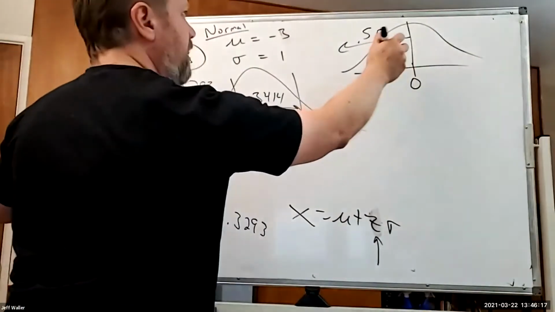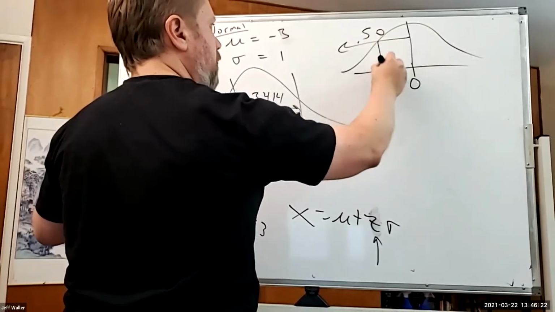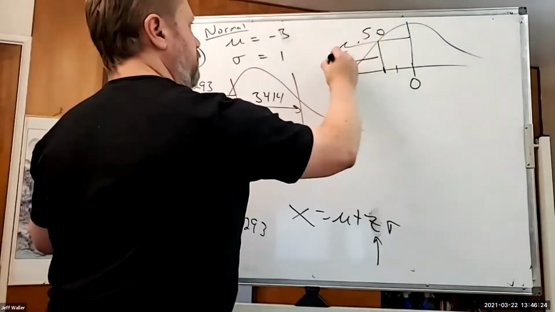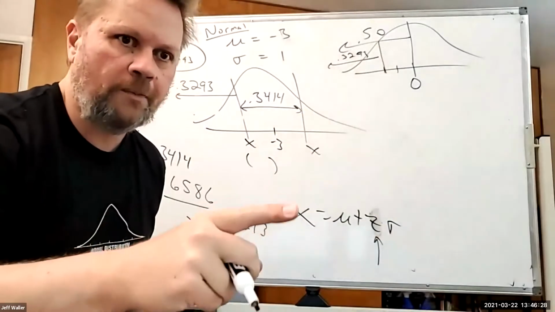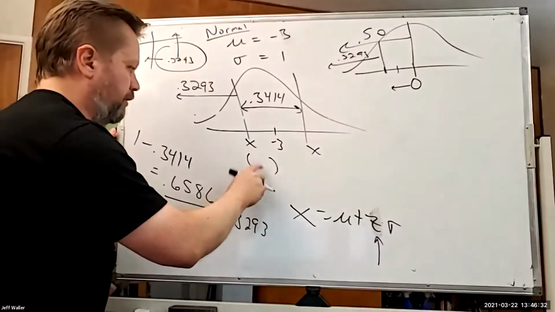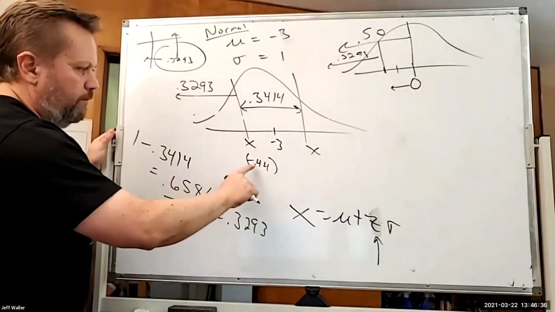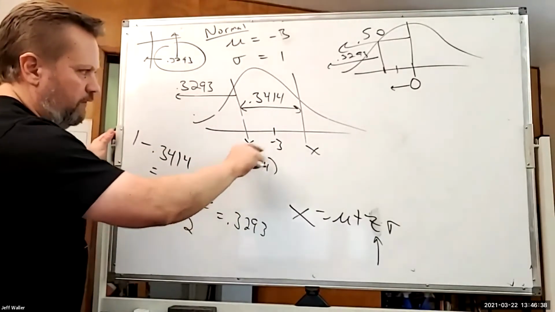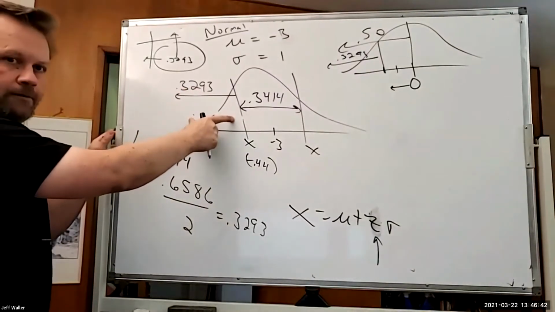So really what I'm saying is, how far down from 0 do I have to go until there's 0.3293 out there? And that's what the chart does for me. It says if you go down 0.44 standard deviations, you will have about this much area out there.